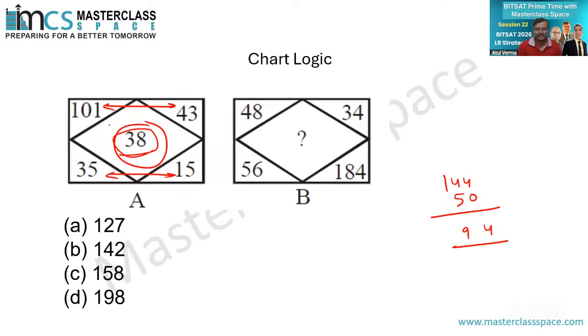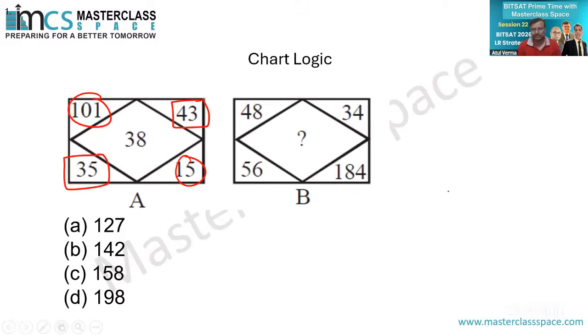So maybe why don't we try adding numbers which are small? Suppose I add these two, which is 116, and then I add these two, which makes it, my friends, how much? 78, and it gives you 38. Perfect. It gives you this number.